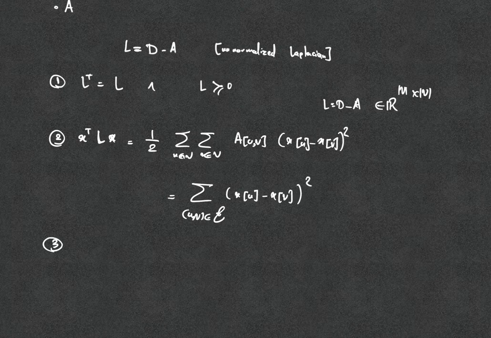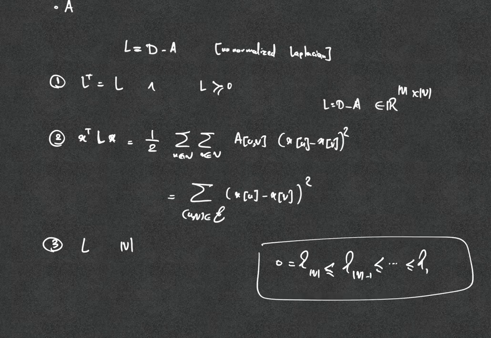And the third one, which is pretty similar to the first one, is that L has non-negative eigenvalues, and that is basically the same as being positive semi-definite. So you have this format here, and we're going to discuss why this part is equals, not larger than or equals.